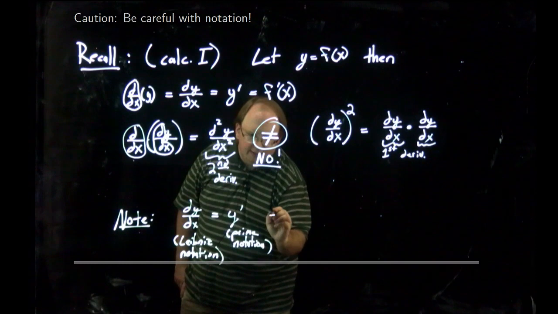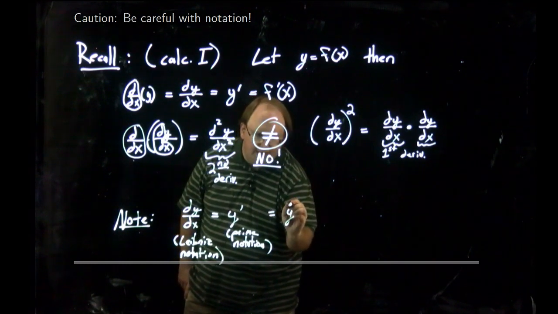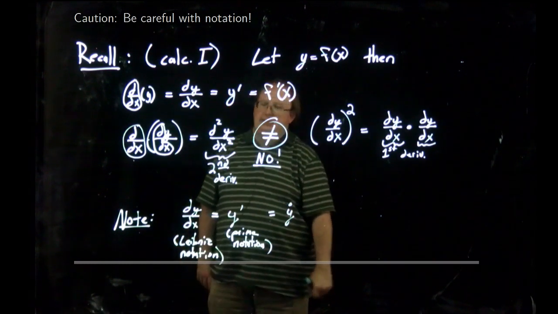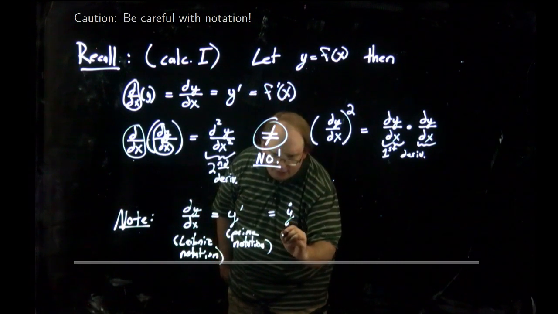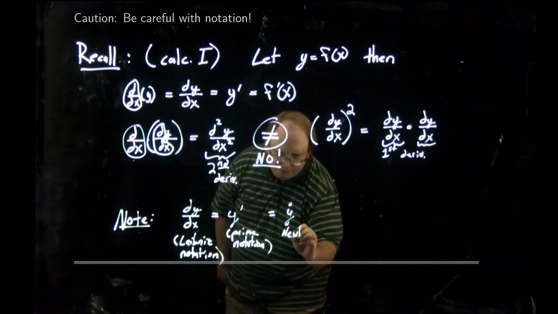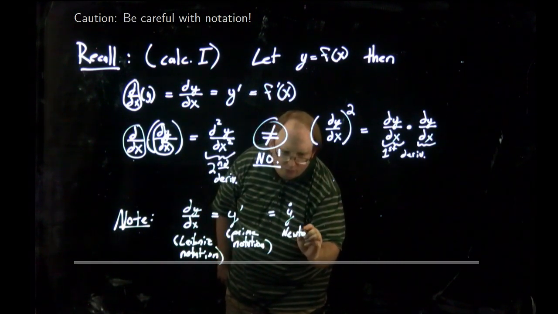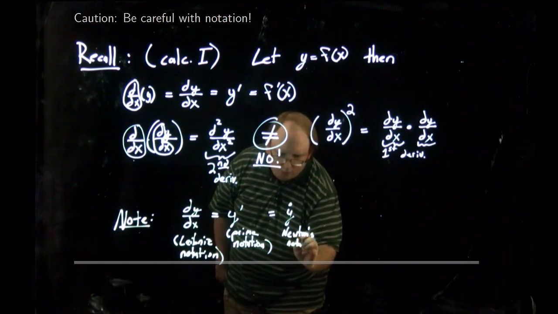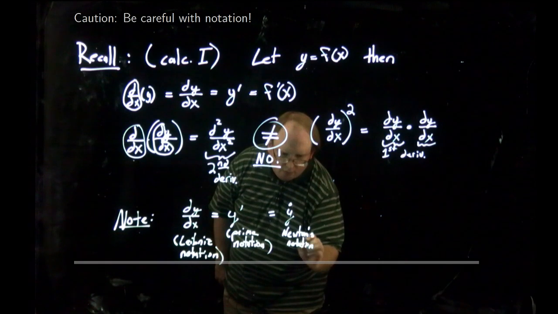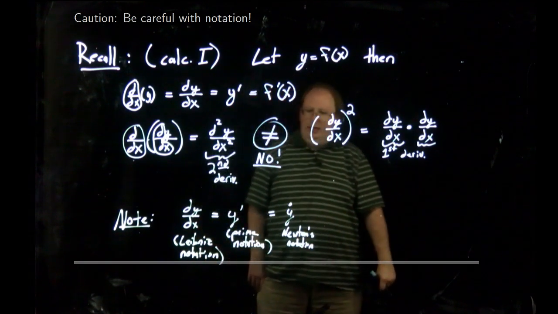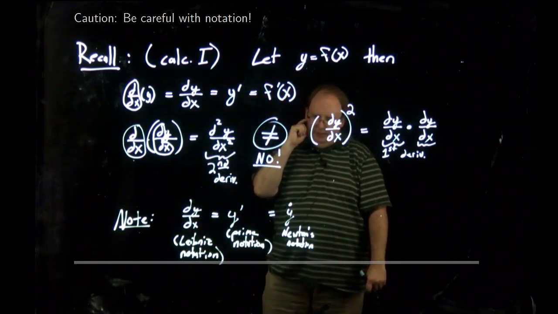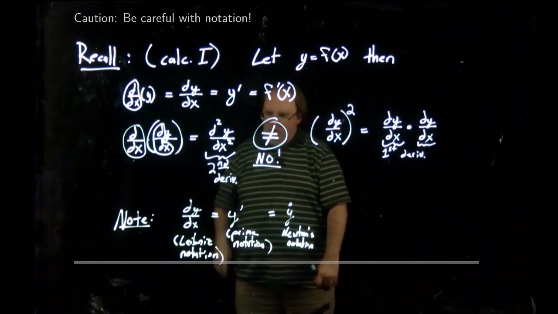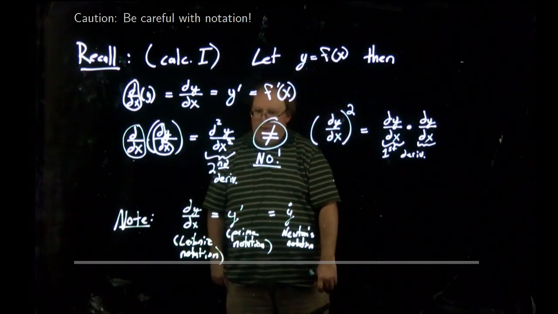If we write it like y dot, that's typically given as Newton's notation. And if we go into higher and higher dimensions, we can see that we can have other notation as well.